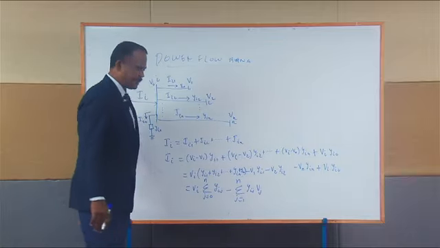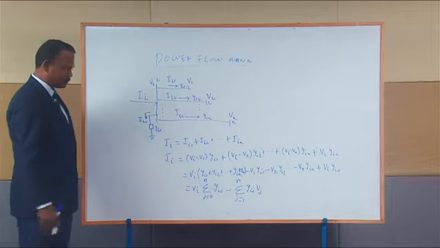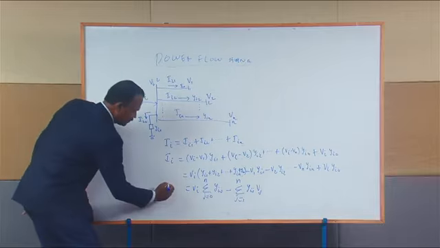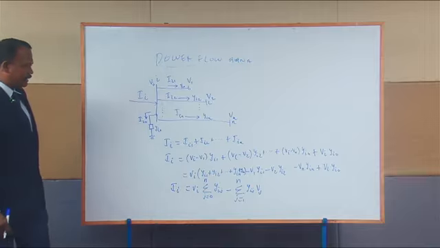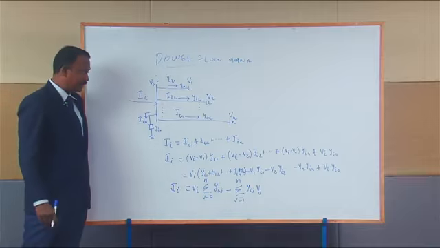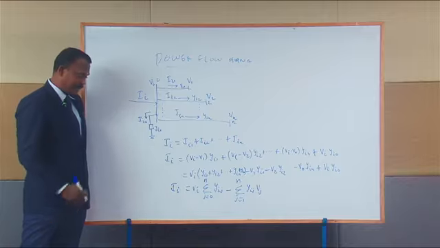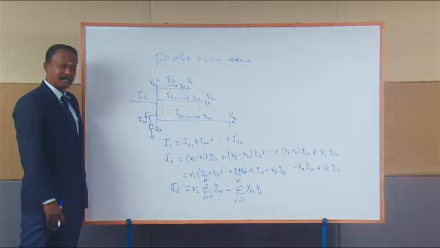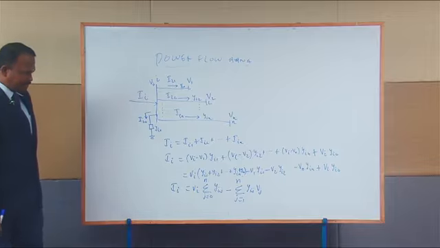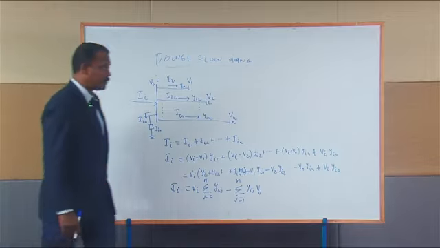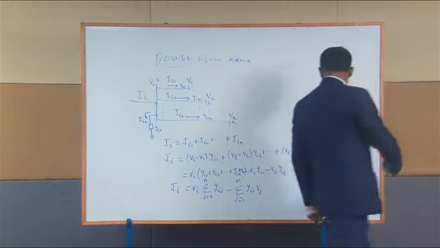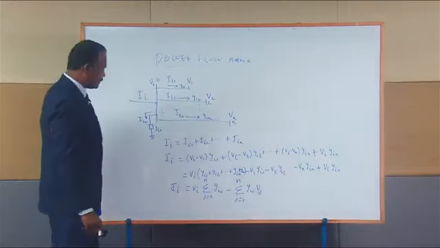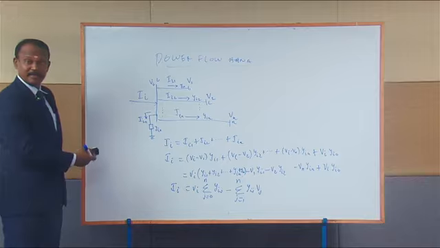The same applies for all the buses up to the nth bus. So this I call Ii. Now I get the equation for the current injected into bus i in terms of voltages and admittances, and from this we can find the power flow equations.